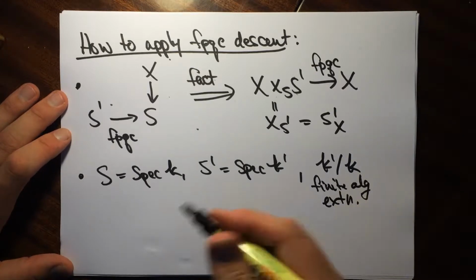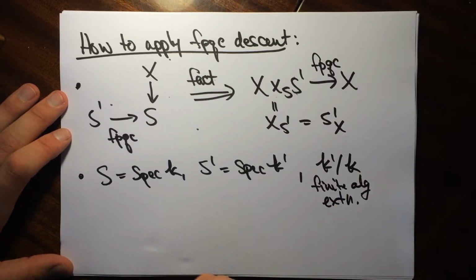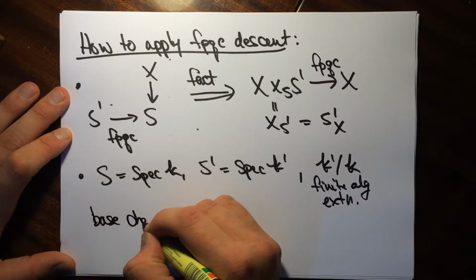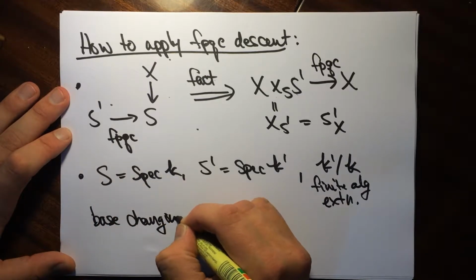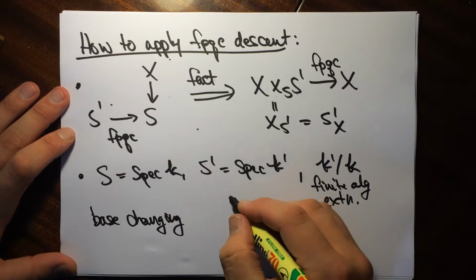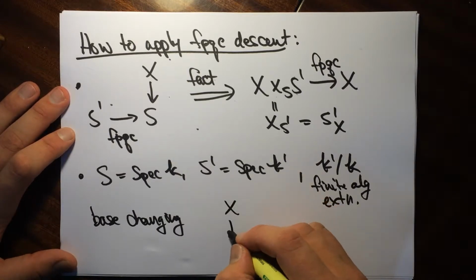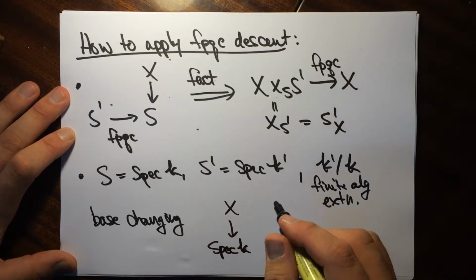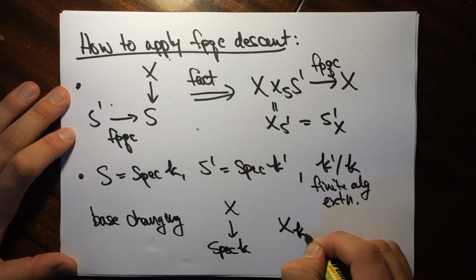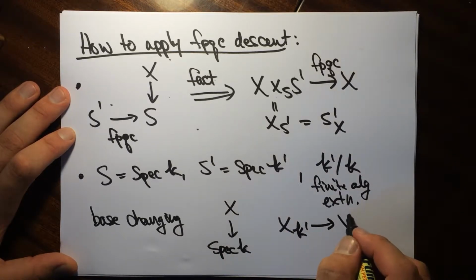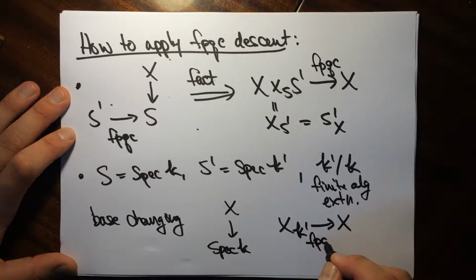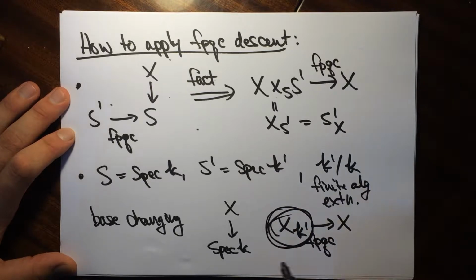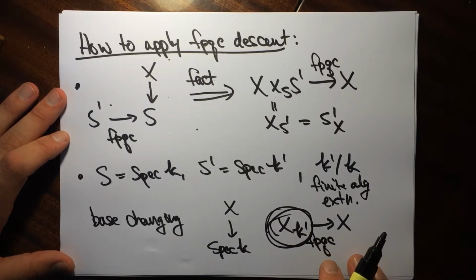Okay, and so when we base change, the idea will be base changing some X over, let's say, Spec K will give some X_K prime to X, which is FPQC, and then the properties here will tell us about the properties of X that we're interested in.